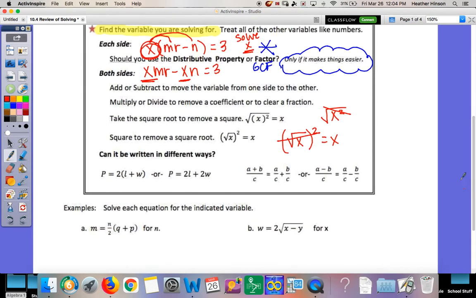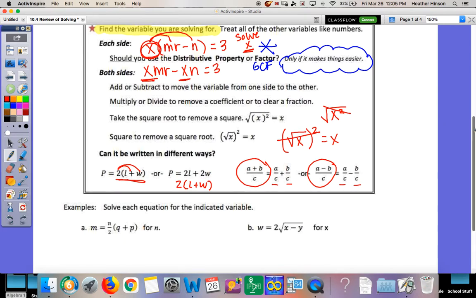You could distribute this 2 out, or you could take a GCF of 2 out of it. That's how we get this. If you have a really big fraction, you could split it into 2 smaller fractions, whether it's plus or minus. So there are a lot of different ways you can write these equations and a lot of different ways you can solve them. So let's try some more.